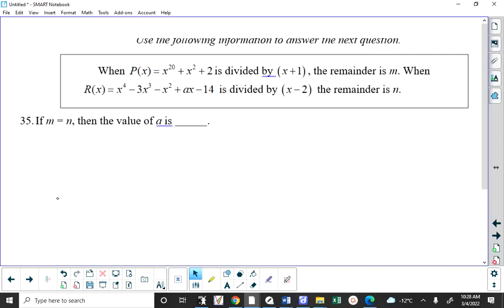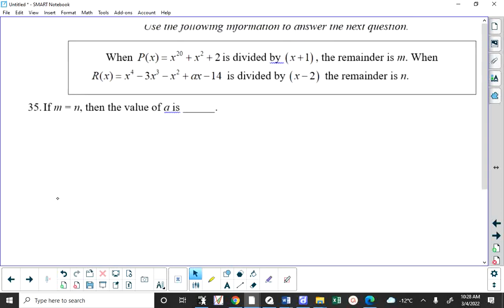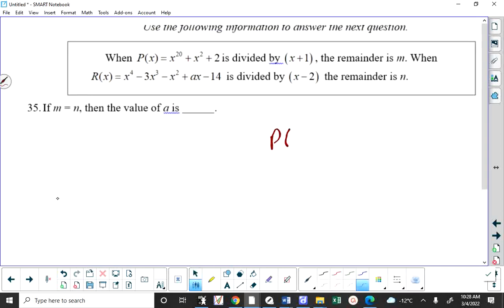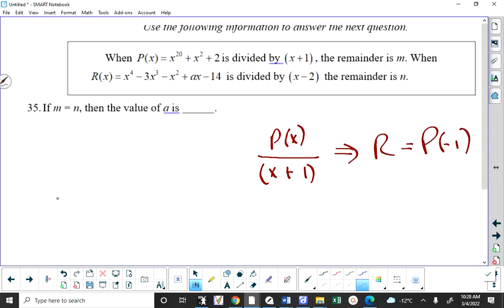The remainder theorem says when you divide a polynomial by a binomial like x plus 1, the remainder will equal p of negative 1. So we simply need to put negative 1 in for x, and we'll get m, which is the remainder. So what is p of negative 1?